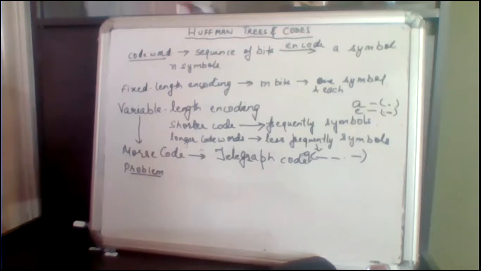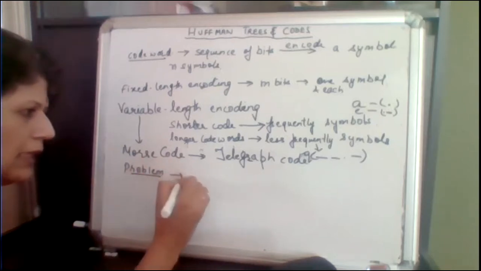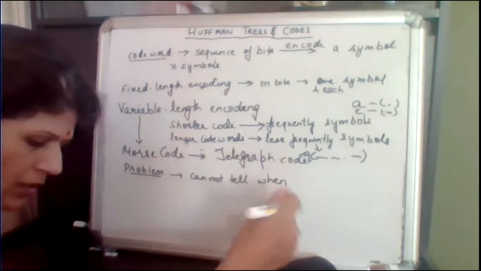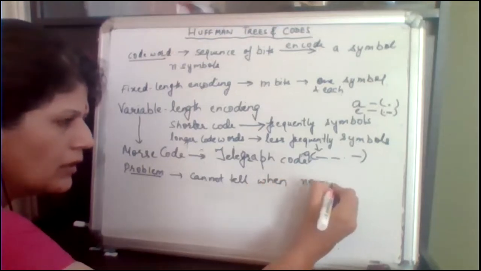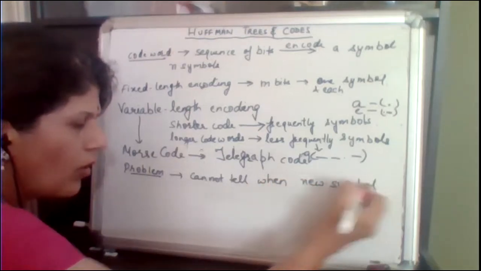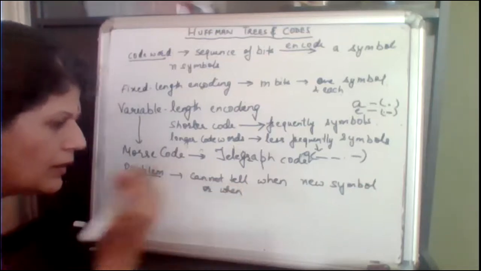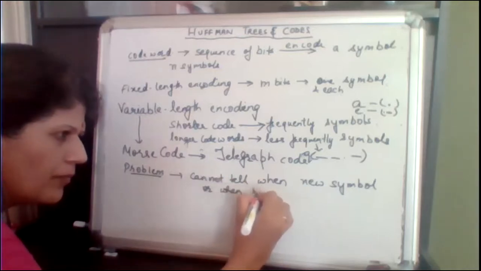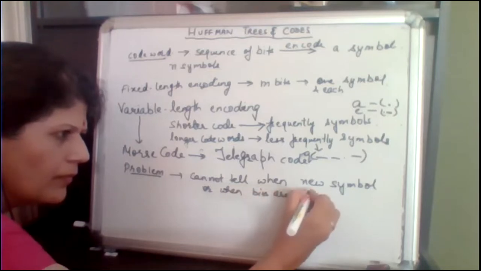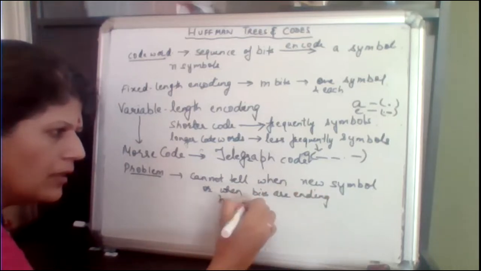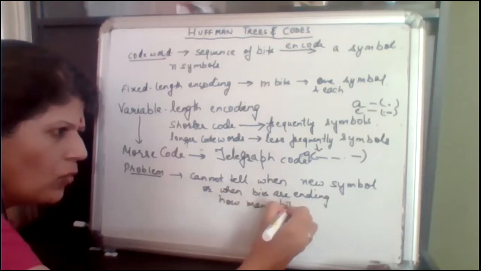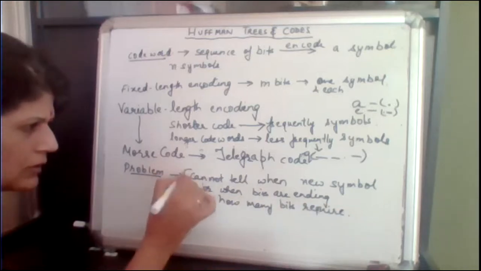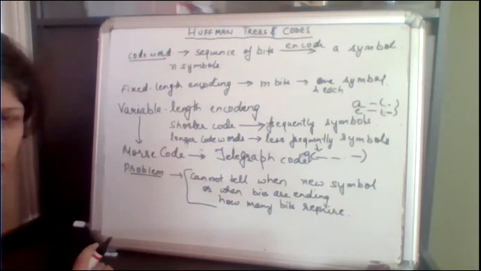So we cannot tell when the new symbol is there or when the bits are ending, or how many bits are required to represent a symbol. This is the one problem that we have with the variable length encoding.